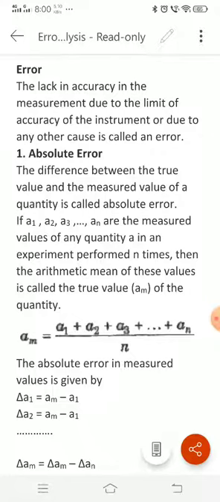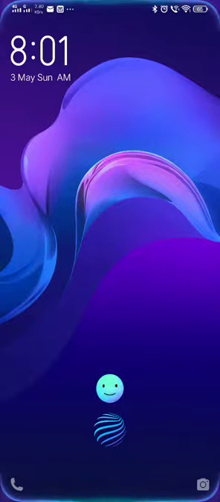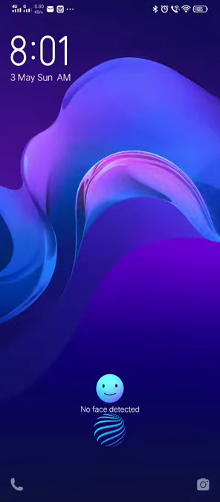We know that in physics quantities are measured, which means physics is the science of measurement. Whenever a quantity is measured by some instrument or by different people, we get different results.